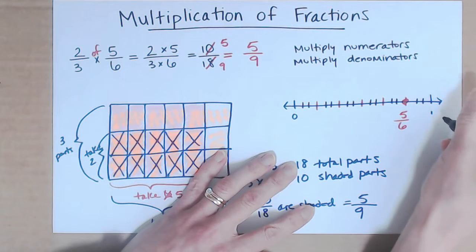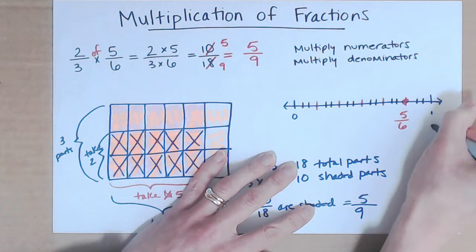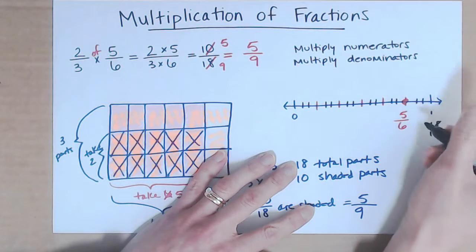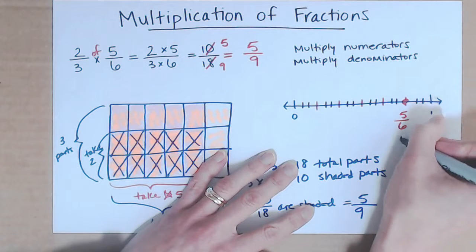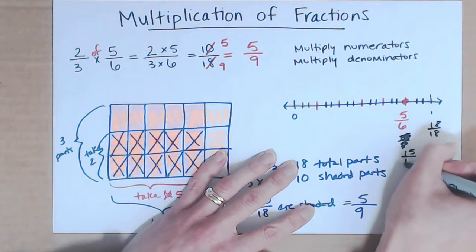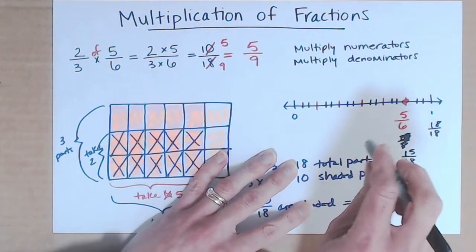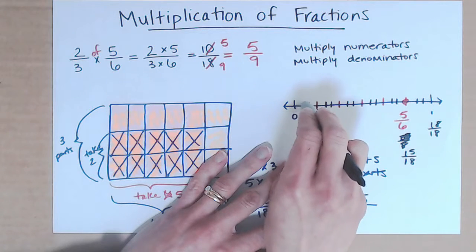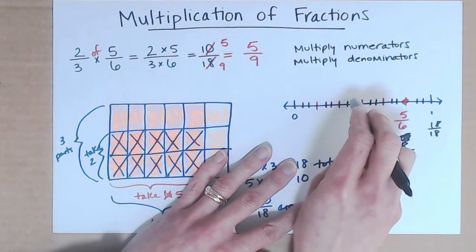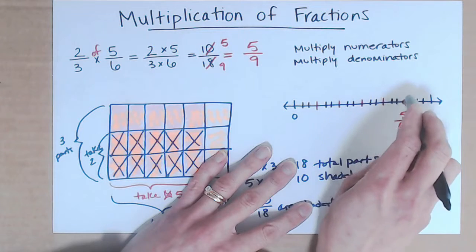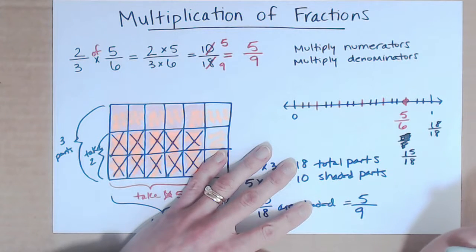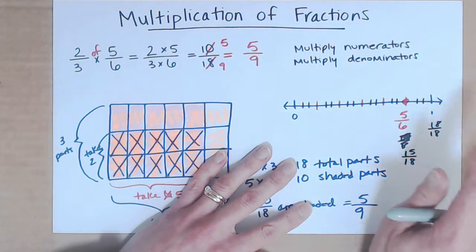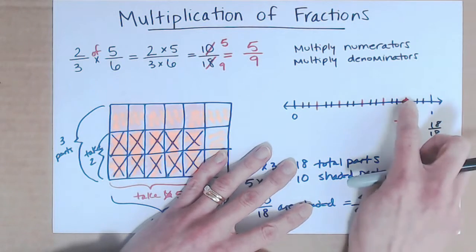So this 1 is actually 18/18. And so this 5/6 becomes 15/18. I'm sorry, not 10, 15. If we count them, we can see 1, 2, 3, up to 15. So that's 15/18.